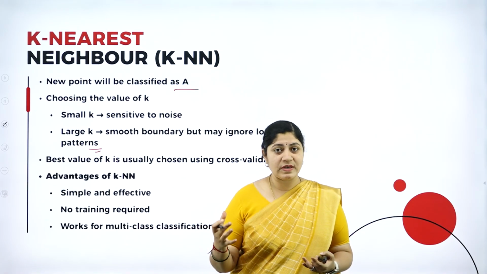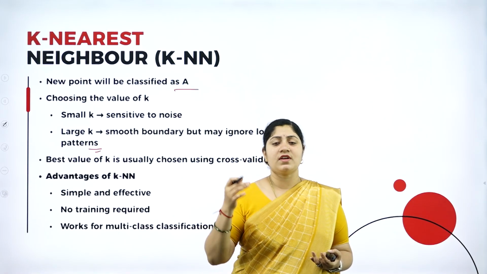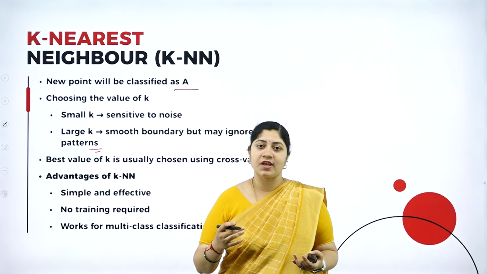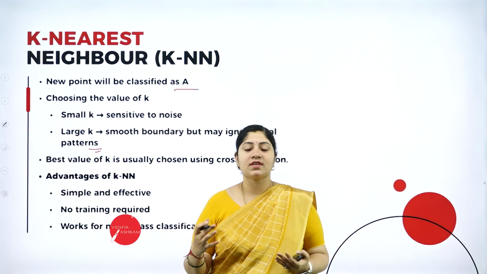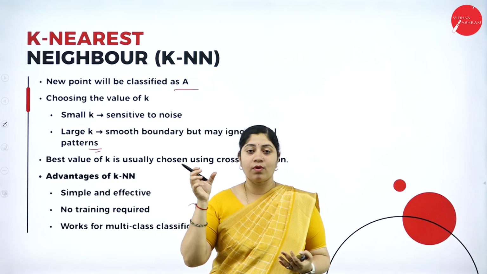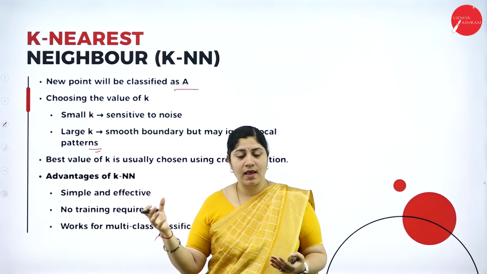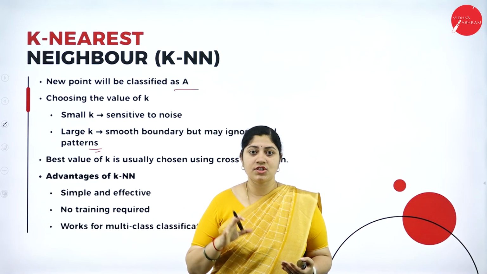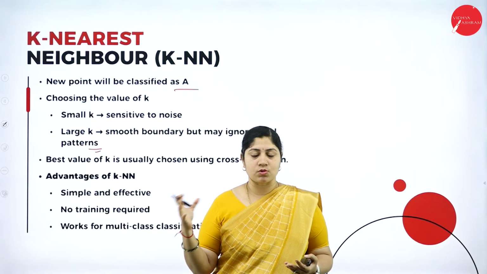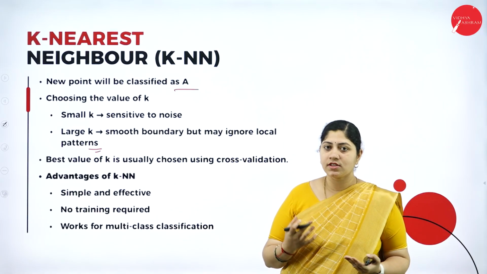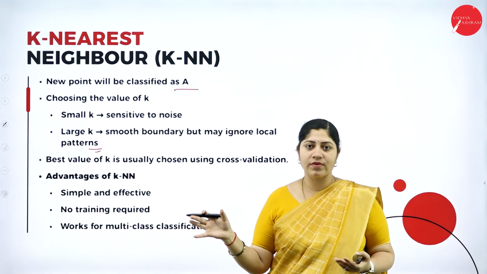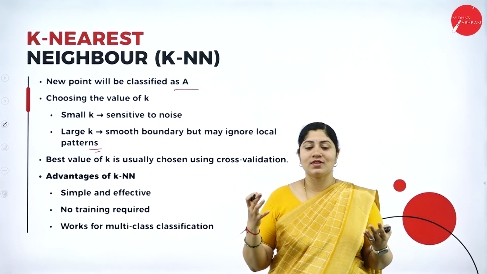Yes, we have to cross verify the K values, whether it is a small K or a large K, what its impact is, and the main application for which we are using this KNN algorithm. So it has to match that end application also. In that way, we can select the best value of K. So this is how we can choose a value of K.